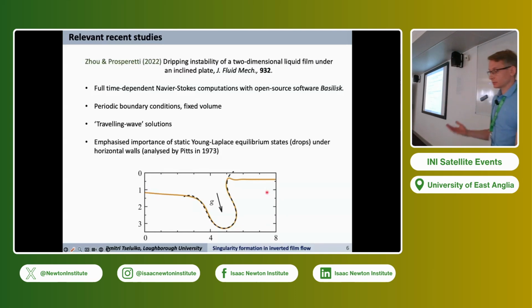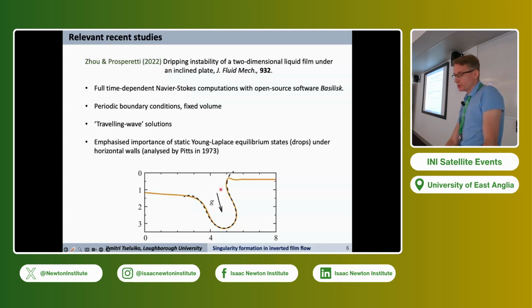And a relevant study was also recently done by Zhu and Prosperetti in 2022, who performed time-dependent simulations using the open source software Basilisk. And they, again, considered the fixed volume case with periodic boundary conditions. And then they analyzed full time-dependent solutions where they gradually changed the inclination angle during the simulation, and they were able to compute quasi or near traveling wave states.